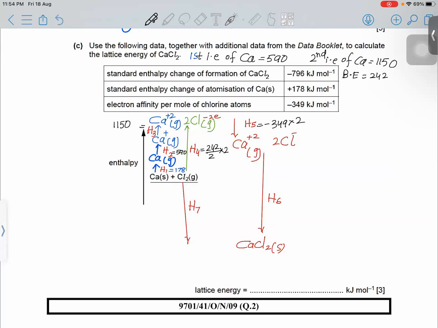So now what is H6 and H7? H6 is the lattice energy, we have to find it, so it's X. And H7 is minus 796. So what would be the formula?